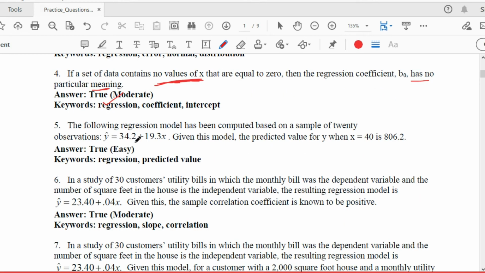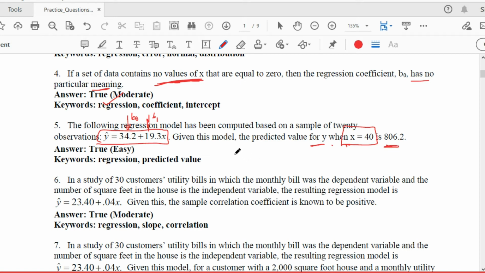Now, let's see if it is your regression line. Predict the value when x is this. So in this, normally you have to calculate this is your B0, this is your B1, and then you create a linear regression. Now, very simply, when you get a line, what is the value of y when x is 40?